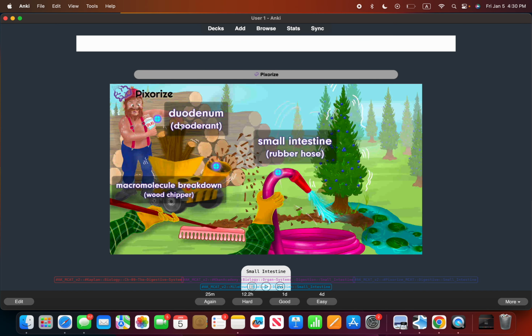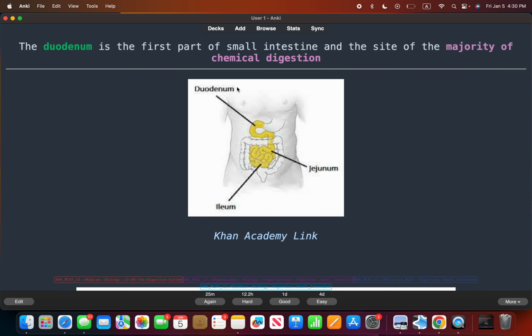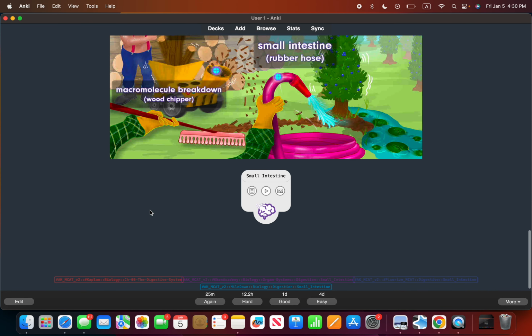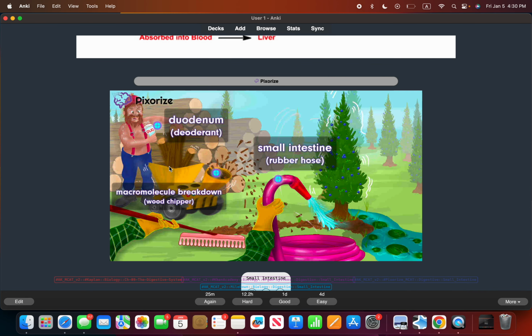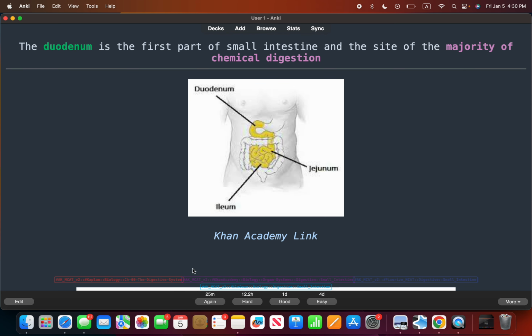Okay, I get the deodorant being duodenum, but the macromolecule breakdown, like the majority of chemical digestion, because cutting down wood is physical digestion, not a chemical one. Yeah, it's crazy. And the small intestine trying to say that it's related to duodenum, whatever. Okay.